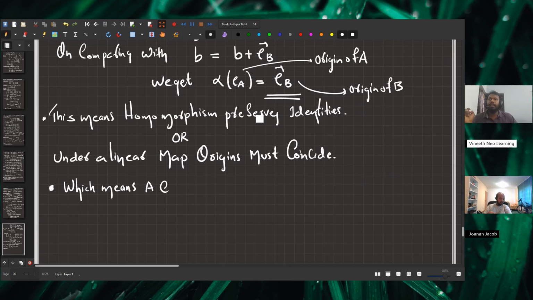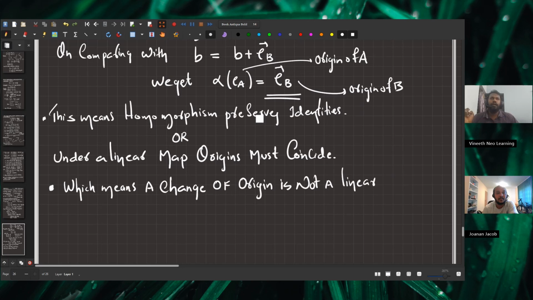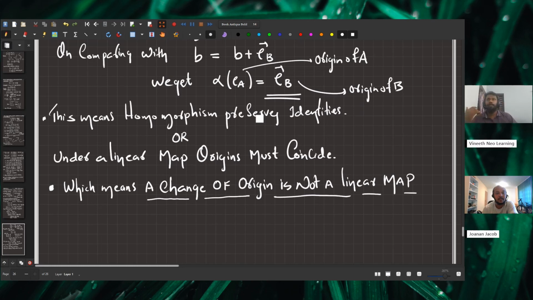A change of origin is not a linear map. Very important.